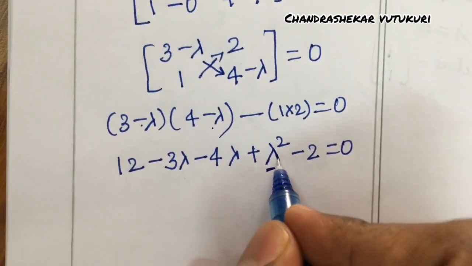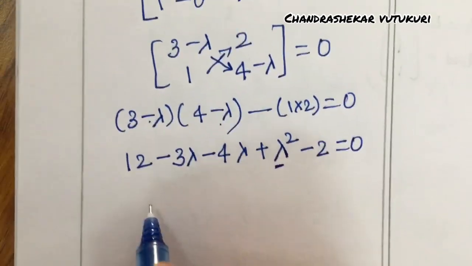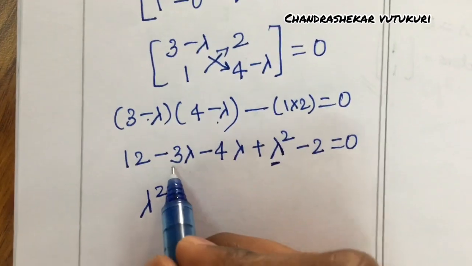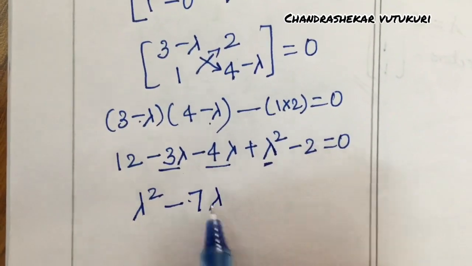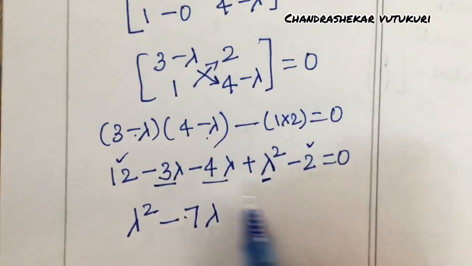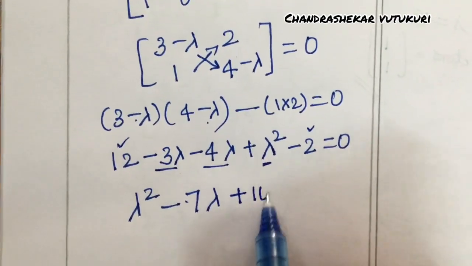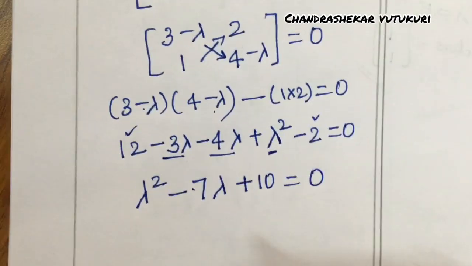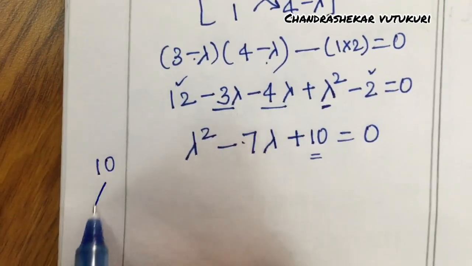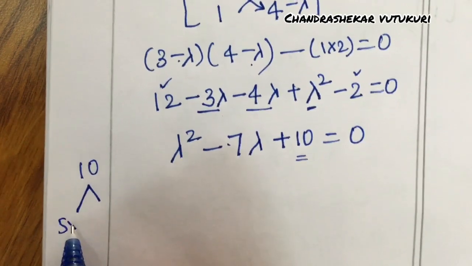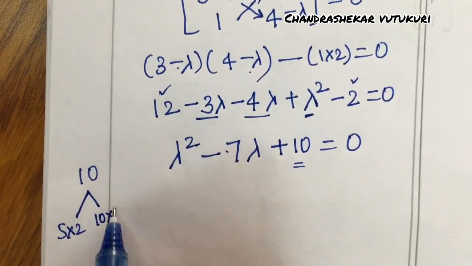Now, we are going to work out the quadratic equation from this. So, this is lambda square, minus 3 lambda minus 4 lambda, that is minus 7 lambda, and the constant values 12 minus 2, that is plus 10, equals 0. Now, we need to work out the factors for this 10. What are the factors of 10? You can write 5 into 2 and 10 into 1.